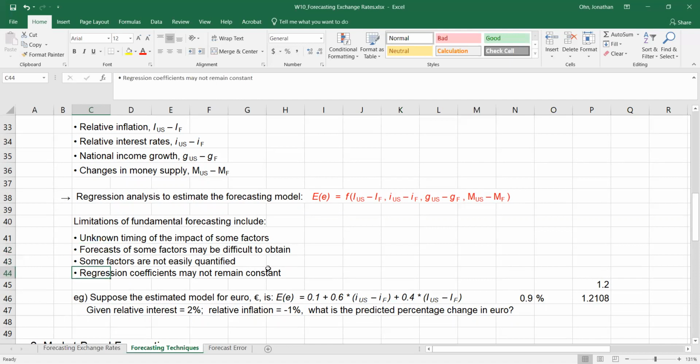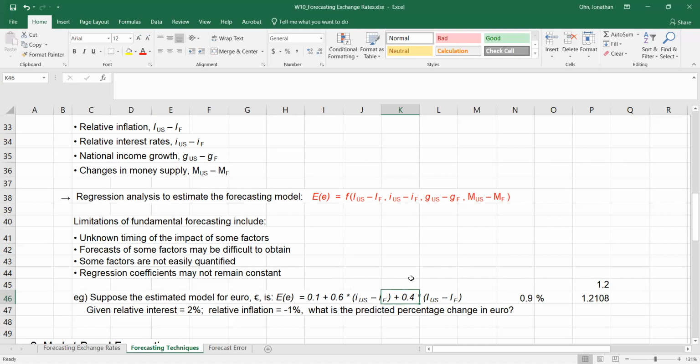And then the regression coefficient may not remain constant. Do you see that? I got 0.1, 0.6, 0.4 based on the past regression analysis. Now I'm going to use this estimated coefficient for your future prediction.